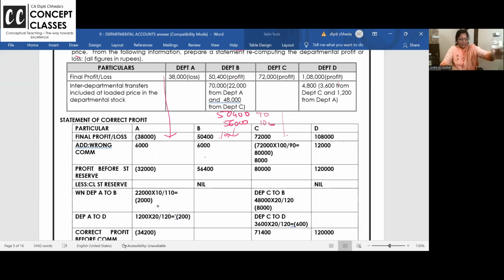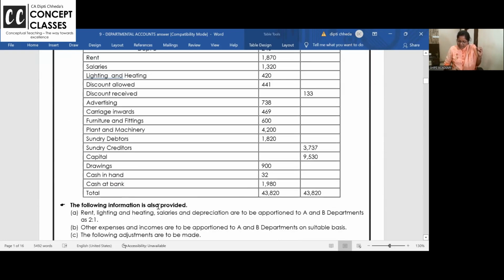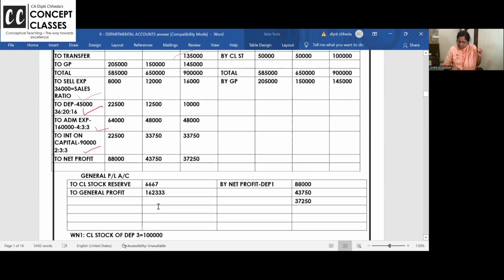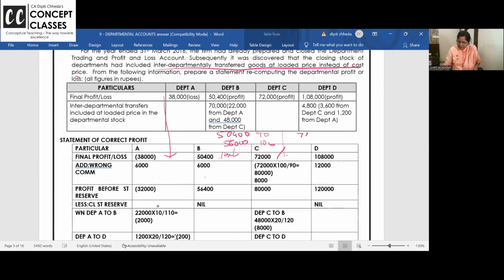चलो next, 72,000. 72,000 is the profit after commission. Commission के बाद का profit कितना है? 90.